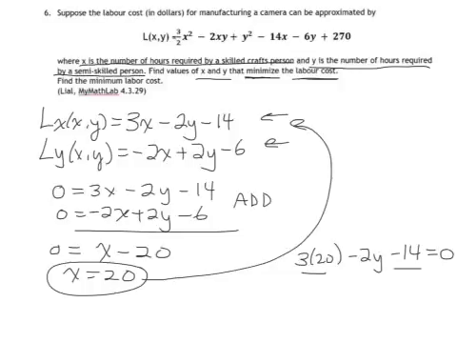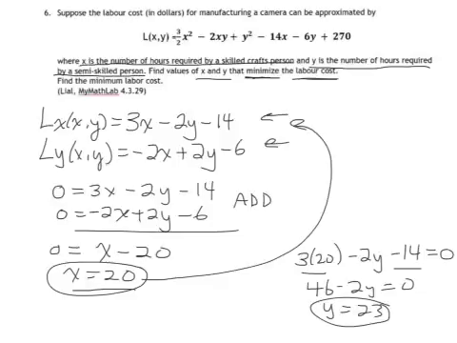So there we have 46 minus 2y equals 0. So 2y must equal 46. Y is then equal to 23. Okay. So that means that in order to minimize the labor cost, we would need to have a skilled tradesperson or skilled craftsperson working for 20 hours, and we would need to have a semi-skilled person working 23 hours.